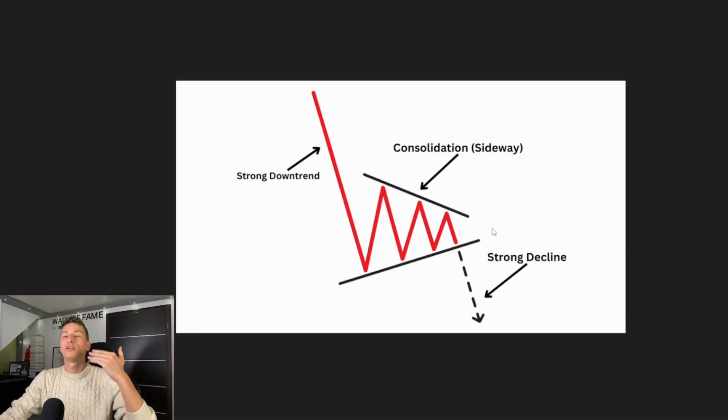The psychology behind this setup is that the sellers drove price down hard, and now they are pausing, and buyers are trying to push the price back up, but each attempt is weaker, and sellers are coiling for the next leg. And when the break comes, bam, strong decline again, and the price is going to move to the downside again and again.